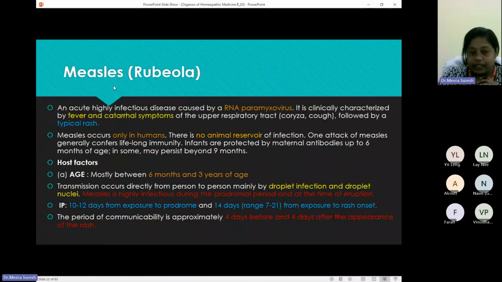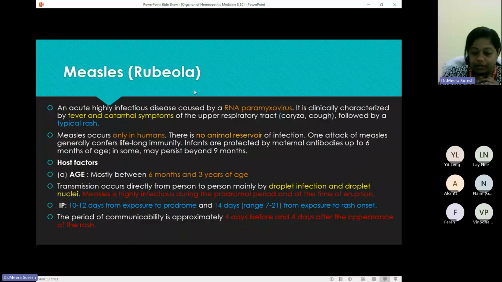The next condition is measles, or the other name is called rubeola. It produces a reddish appearance. And here the rashes will be more like morbilliform rashes, or what we say is like sand that has been thrown on the body.